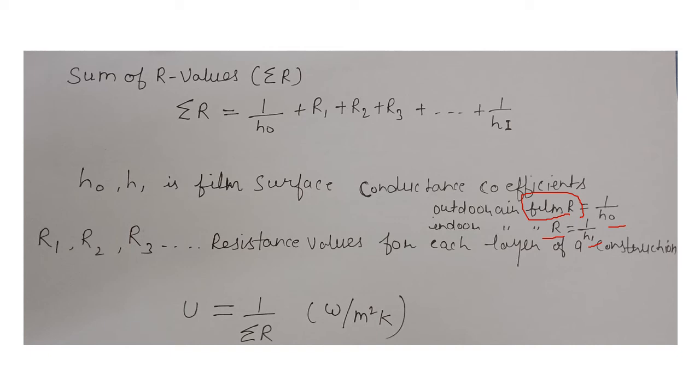Then we calculate the resistance value of each layer of construction; R1, R2, R3 are the resistance values for each layer. So the thermal transmittance U is equal to 1 by sigma R. Whenever we calculate the U value of a composite wall, we first calculate the R value of each layer, then the total R value, and then we use this formula.